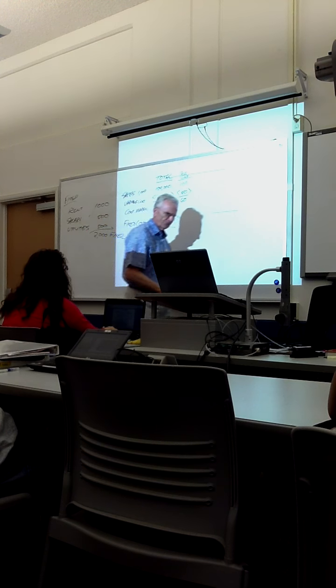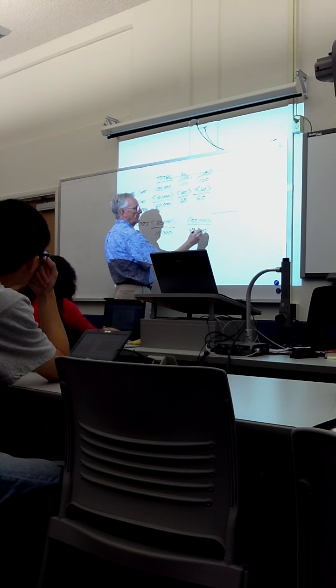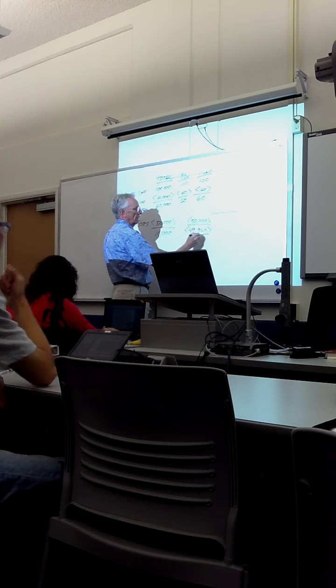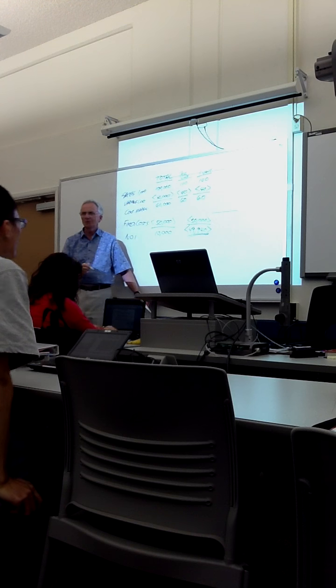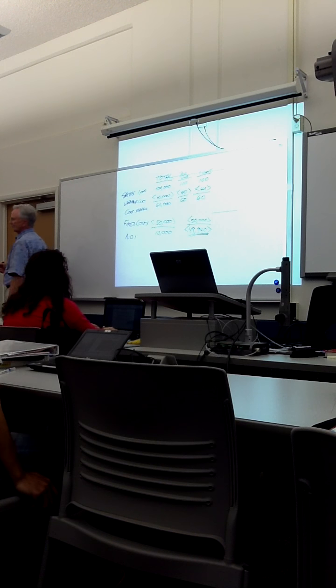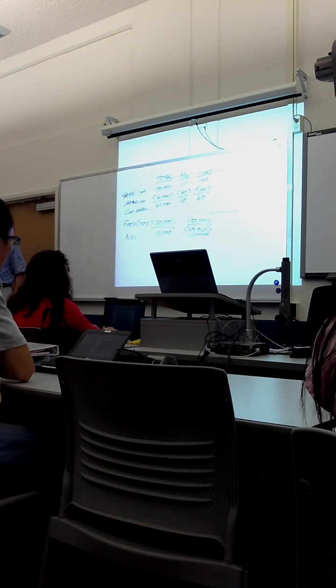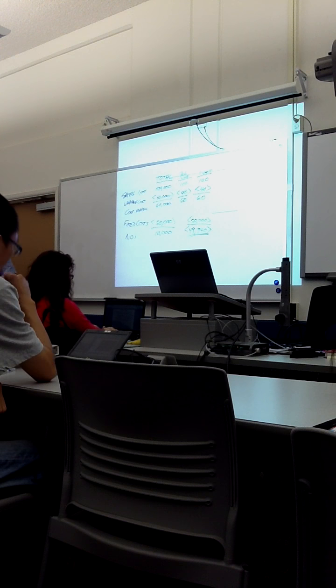What is our fixed cost? 50. What is our net operating income? 49,940. That's a good profit. Whoops. It isn't a profit. It's a loss. Everybody see what we did there? We only sold 1 unit.